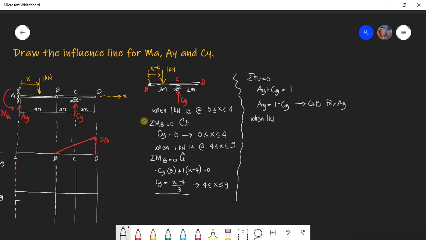So when 1 kilonewton is at 0 hanggang 4, ang value ng Cy is actually equal to 0. So yung Ay natin ngayon will also be 1 minus 0. So Ay is 1. Ibig sabihin, this equation or this value of Ay is true only when the unit load is at 0 hanggang 4.